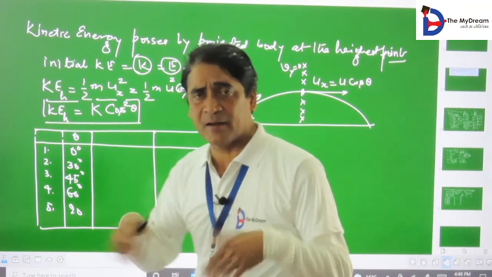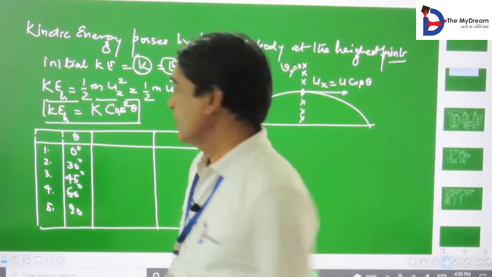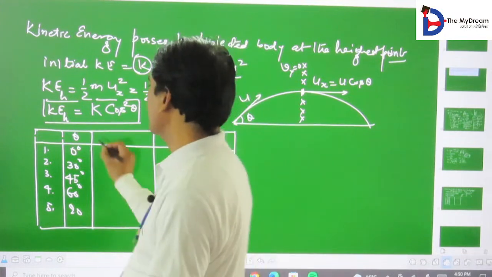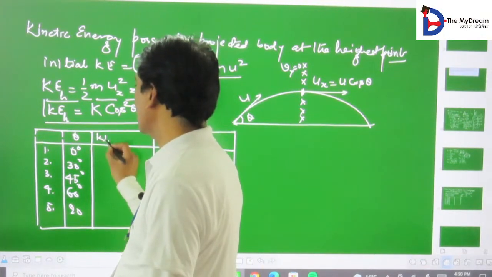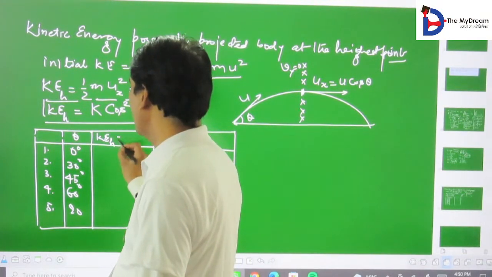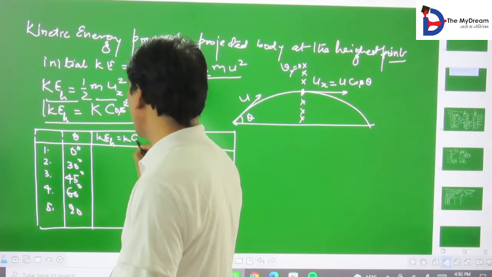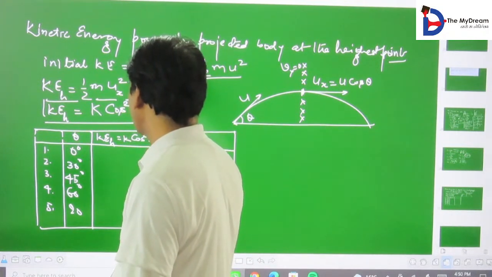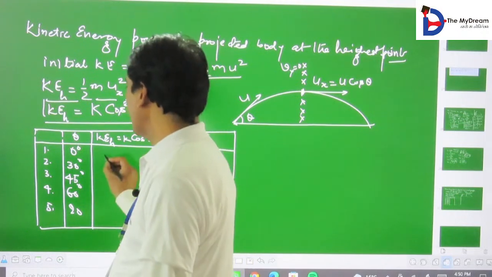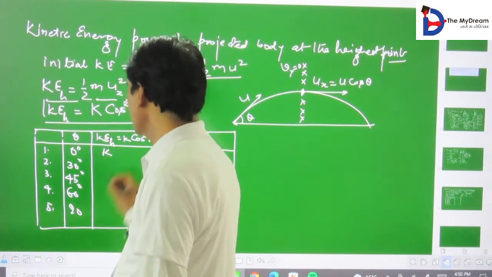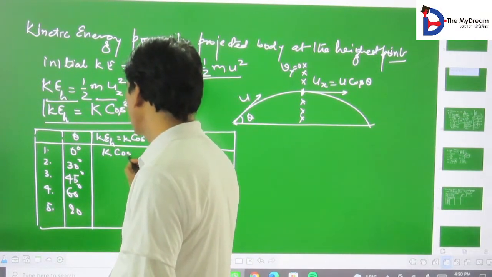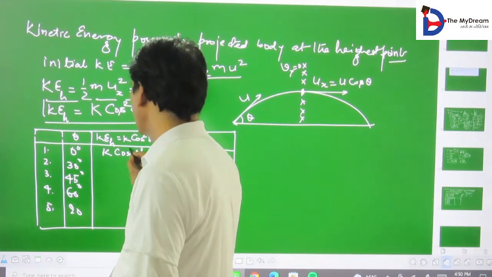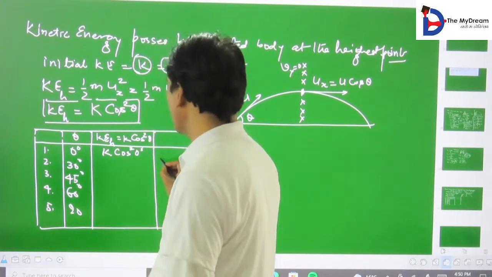Whatever the angular projection is given to you, then you can find out the kinetic energy at the highest point, which is given in terms of K cos square theta. So that is K cos 0, and cos 0 is equal to 1.